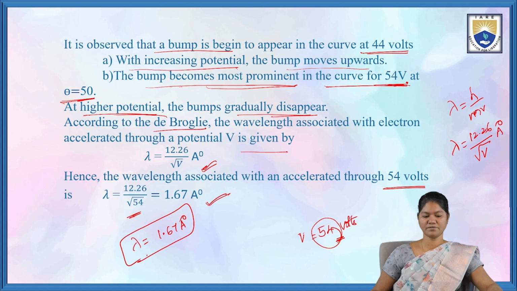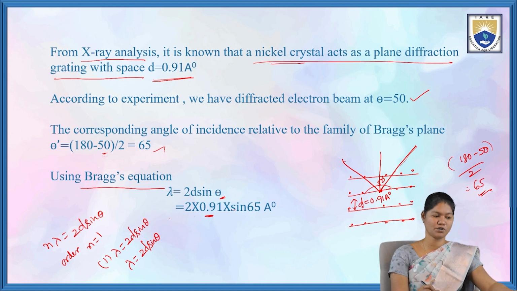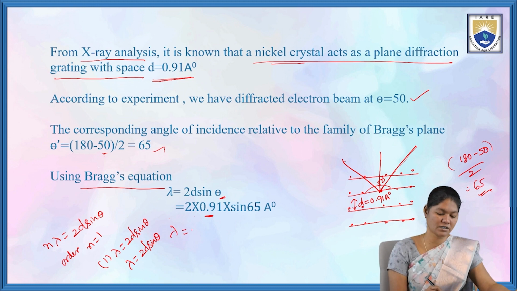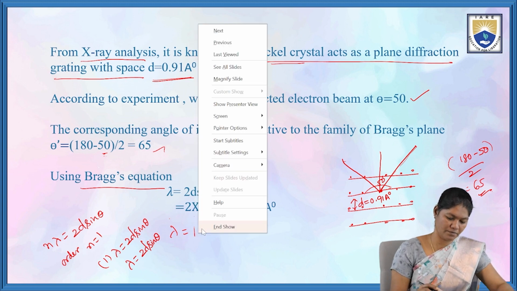Whereas in the case of Bragg's law, lambda is equal to 2d sine theta. So it is equal to 2 into 0.91 into sine 65. What is the value we get here?